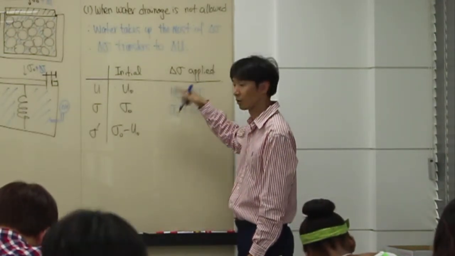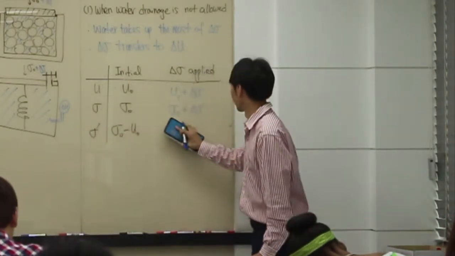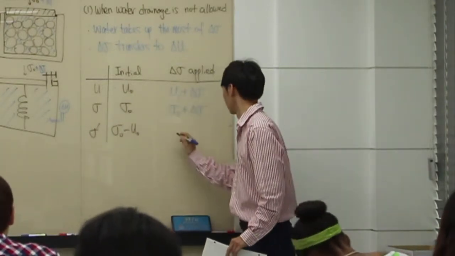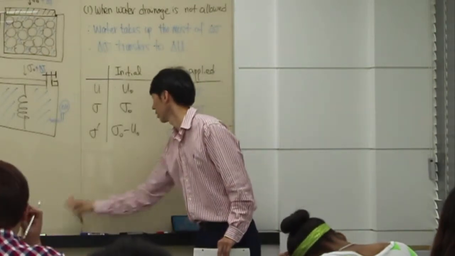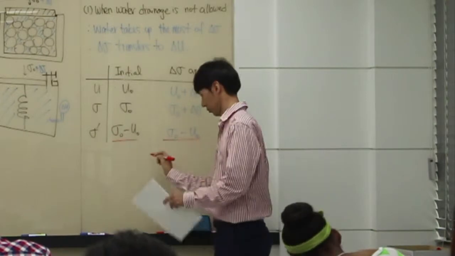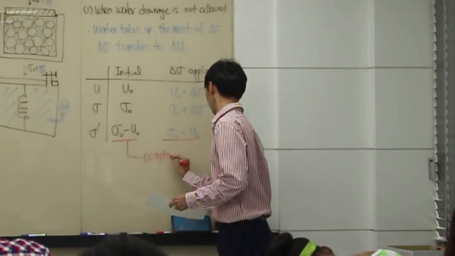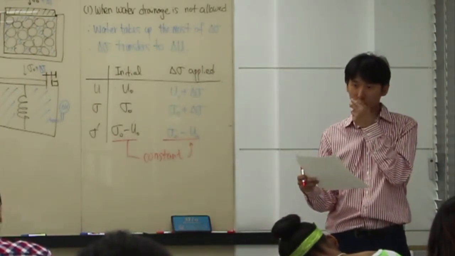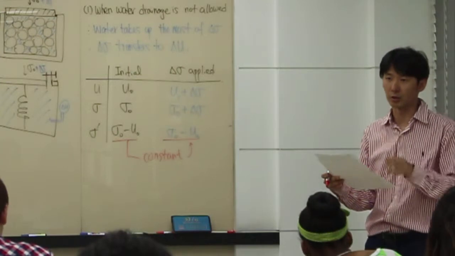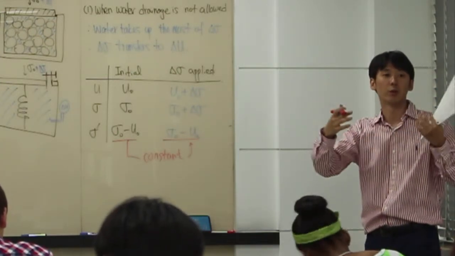So you would have sigma naught minus u naught. The effective stress didn't change, it stayed constant, because the water pressure was taking all the stress.